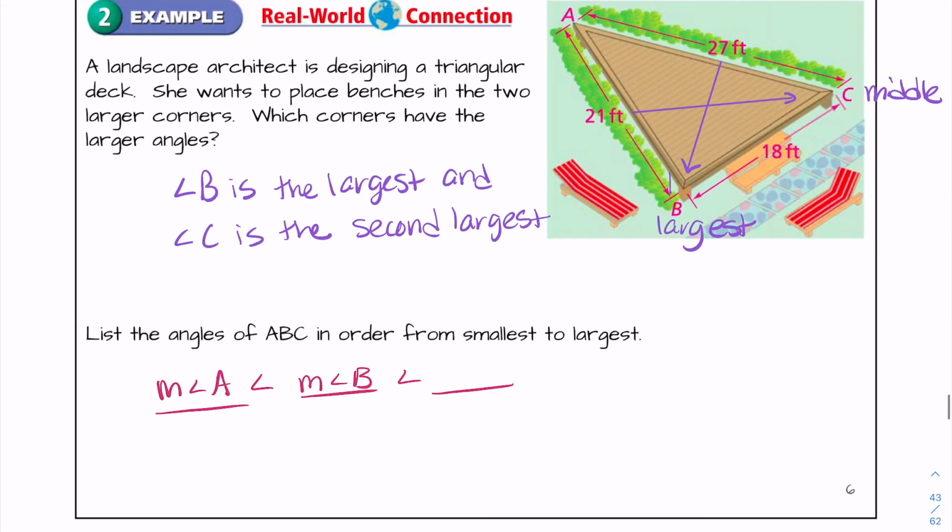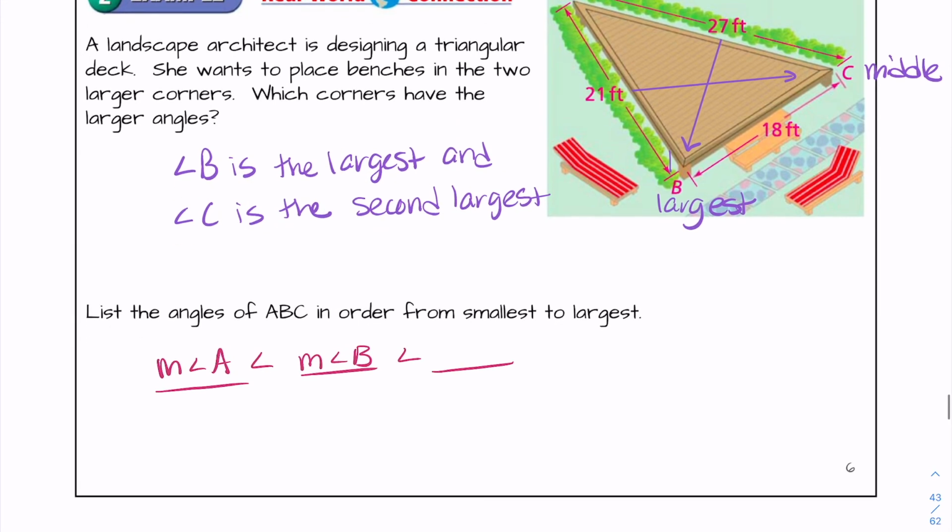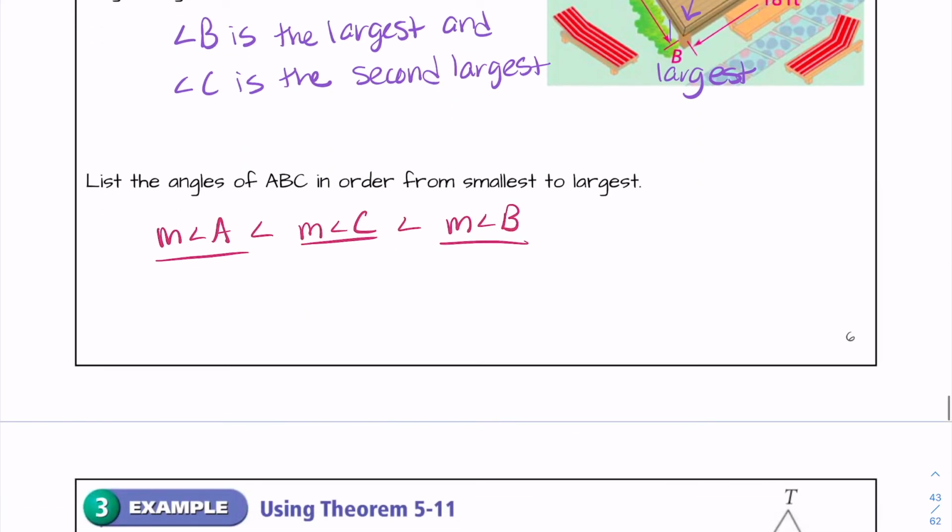A is the smallest angle, C is the middle angle, sorry, I knew I messed something up, and then the measure of angle B is the largest angle. It asked me to list them from smallest to largest. Be careful, if it asks you to go from largest to smallest, you go in the reverse order. Okay? Let's do sides, smallest to largest.